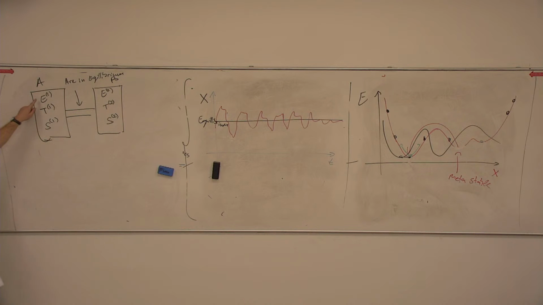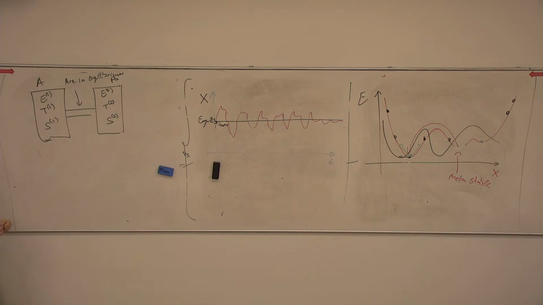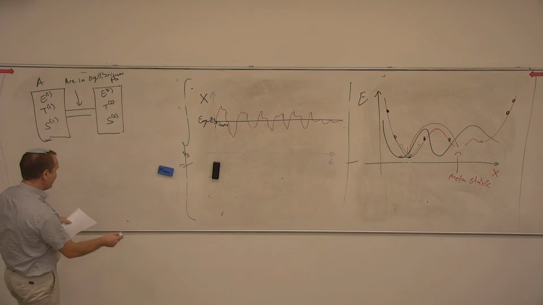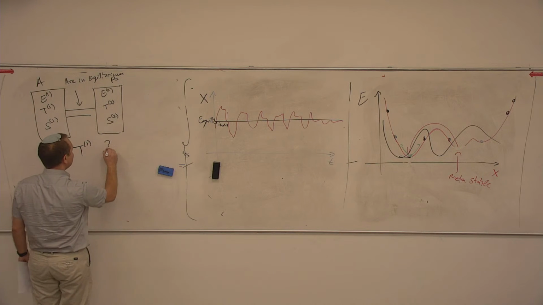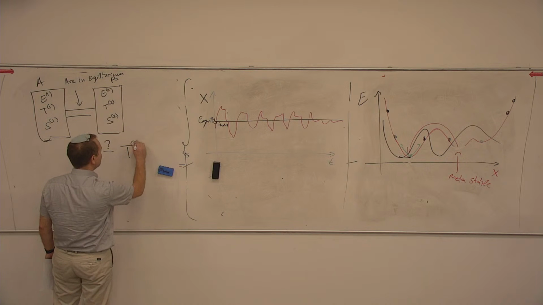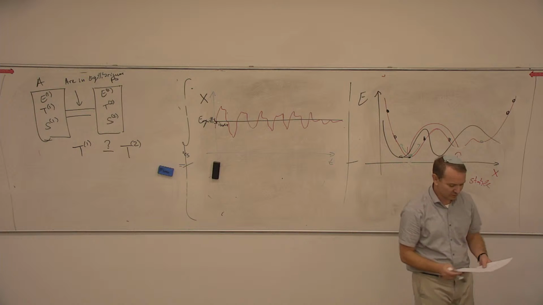I know that the energy of A is E1, of B is E2, etc. So I want to understand or find out how T1 is related to T2.